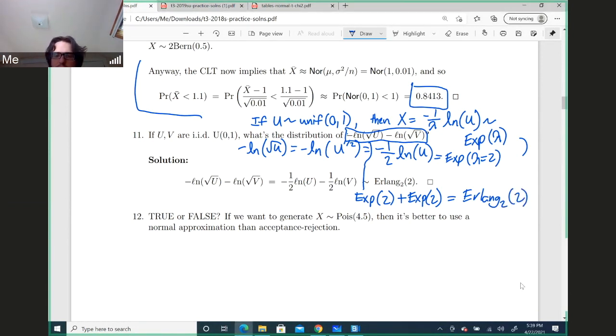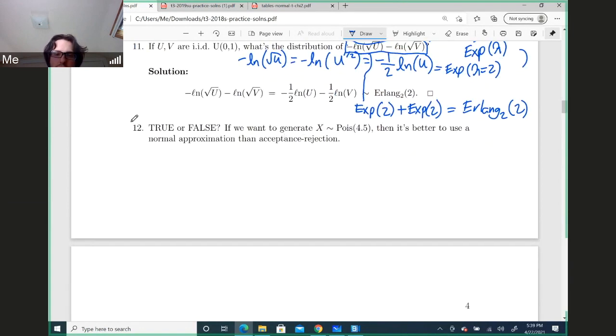So that's really all it is. This is mostly just being able to see that there's a pattern here where there's a natural log of some uniform random variable, so we're probably going to have to do some minor manipulations to transform it to an exponential, like this, and then we just add them up and get our Erlang at the end.